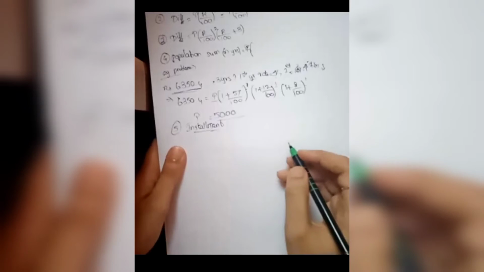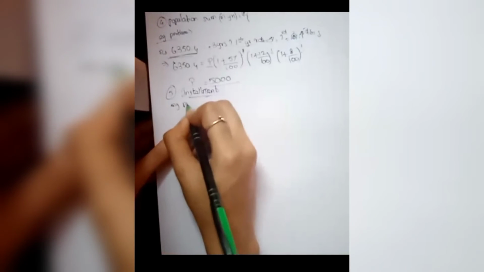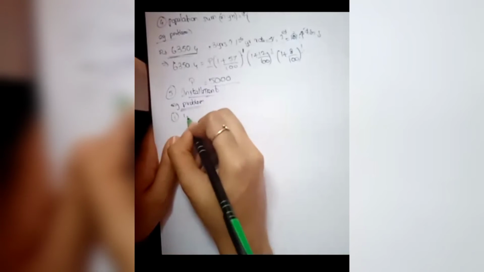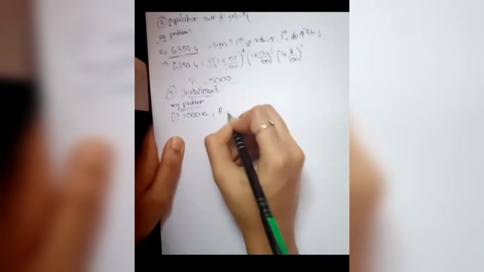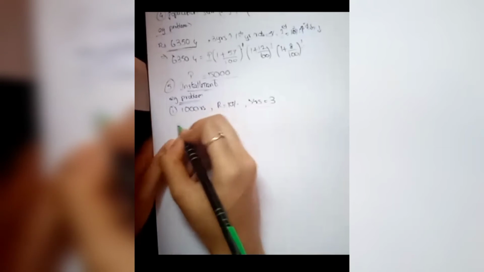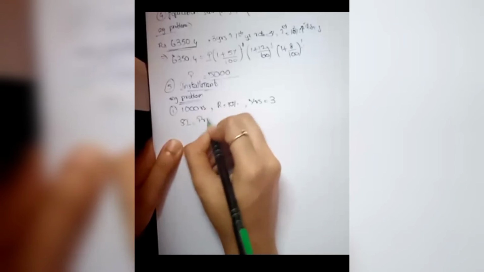Installment sum is quite confusing, but listen carefully. Example sum. They will be given rupees, rate, number of years, 3. So we will solve by SI equal to PNR by 100.